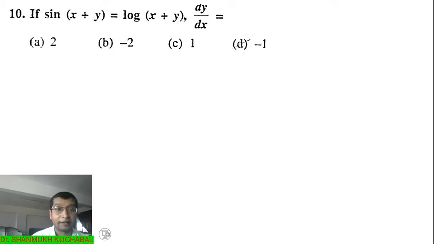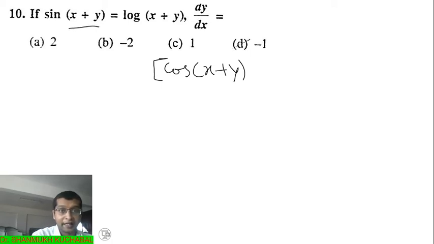Now example number 10. If sin of x plus y equal to log of x plus y, then dy by dx equal to? Further, differentiation of sine is cos of x plus y, into the differentiation of the inner function, 1 plus dy by dx.